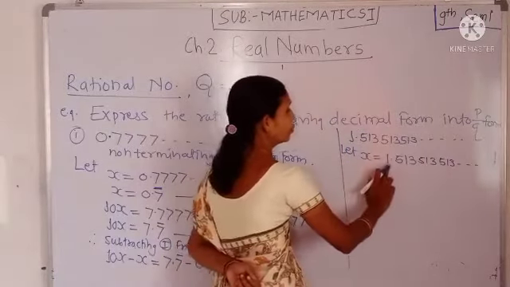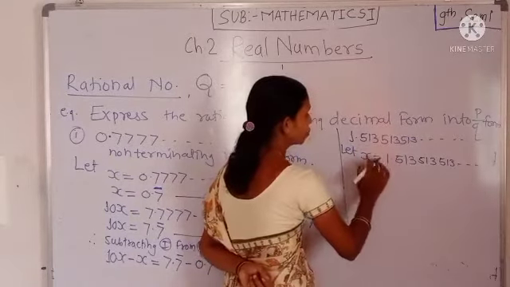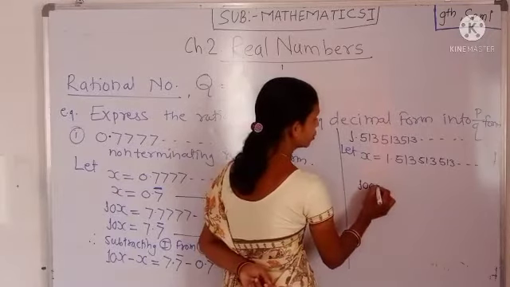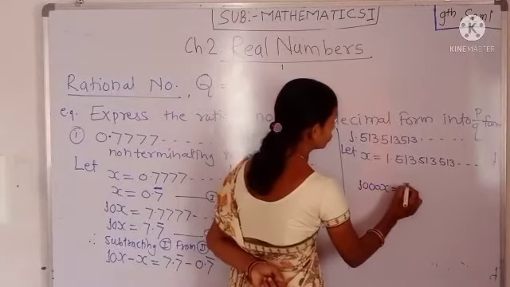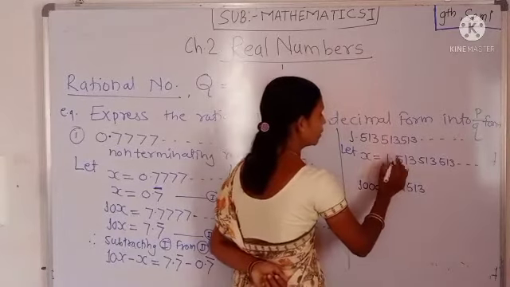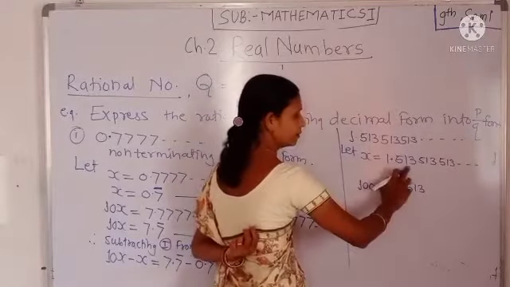Then we can multiply x by 1000. Therefore we get 1000x is equal to 1513... That means on this side we can also multiply by 1000.